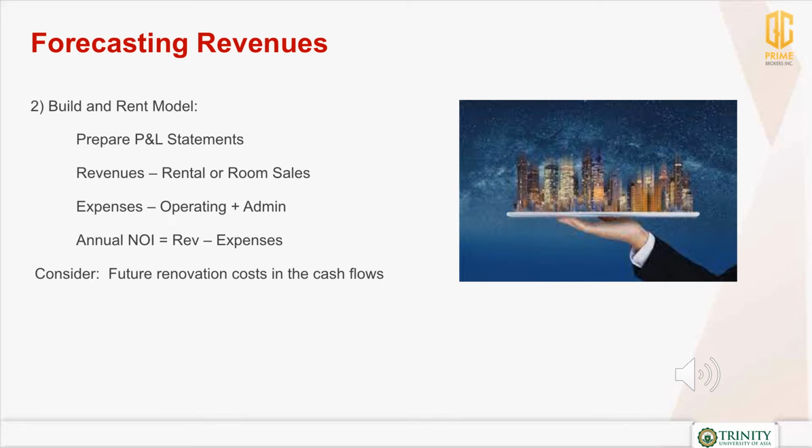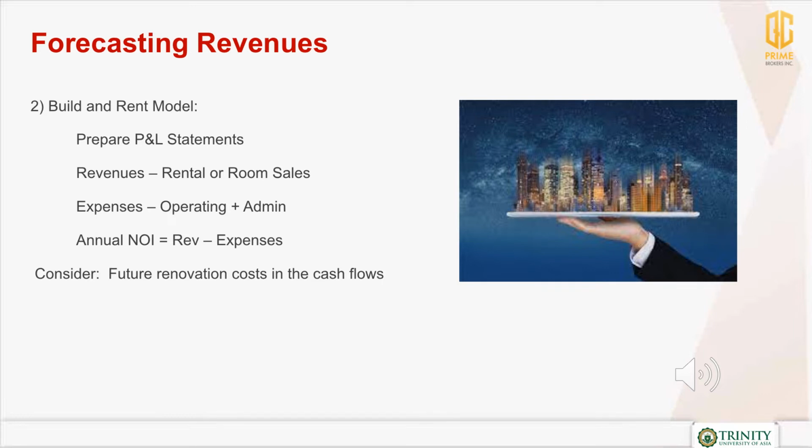Next, for the build and rent model. It is similar to the build and sell model wherein we also prepare a profit and loss statement. Here, our revenues come from the rental or room sales for the duration of the life of the project.